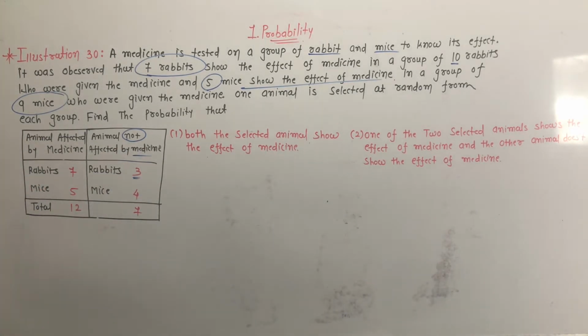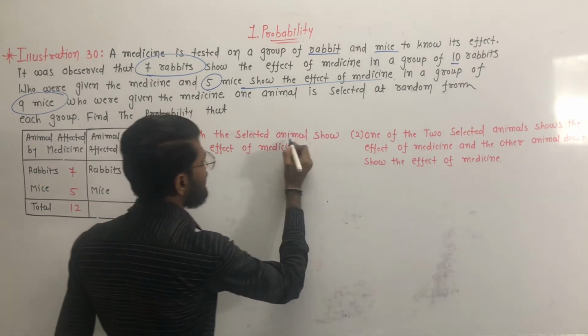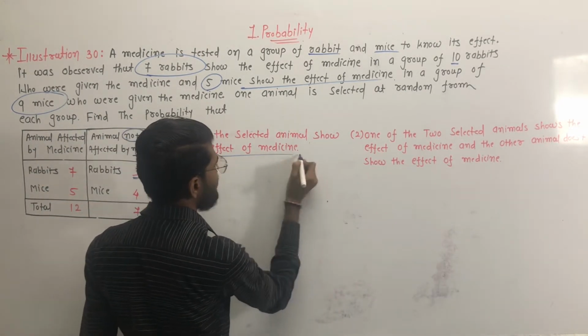Our first event is that we have to find the probability that both the selected animals show the effect of the medicine.